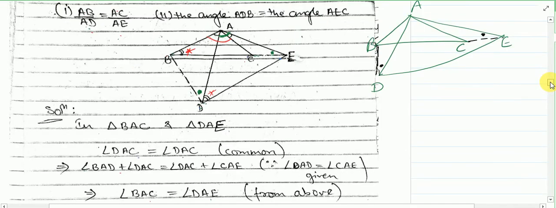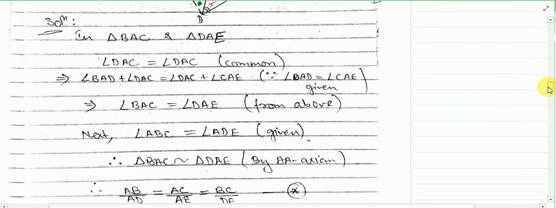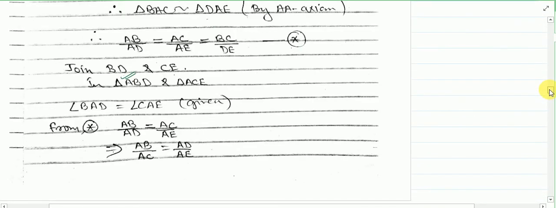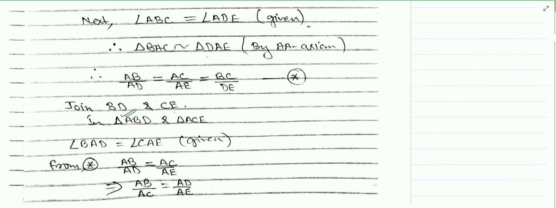So see this now. Join BD and CE, okay, and then we will consider, now let me draw once again here, so it will look like this.